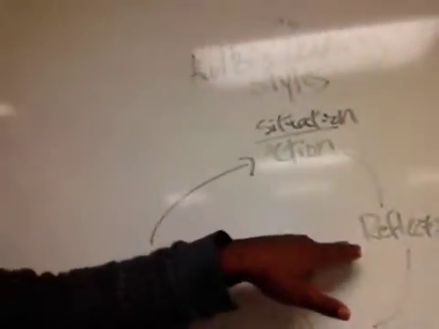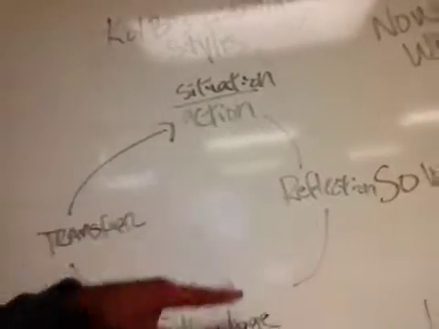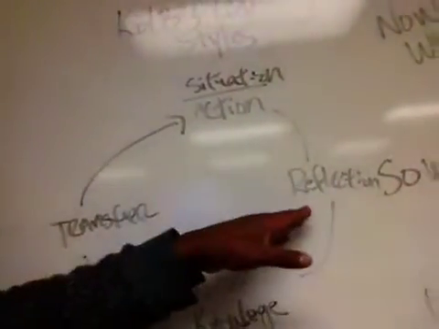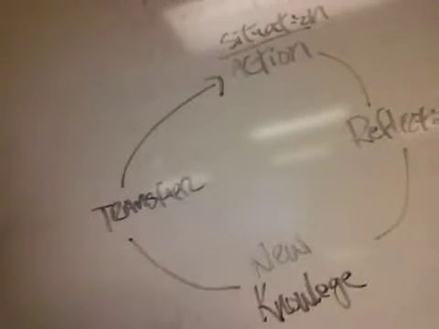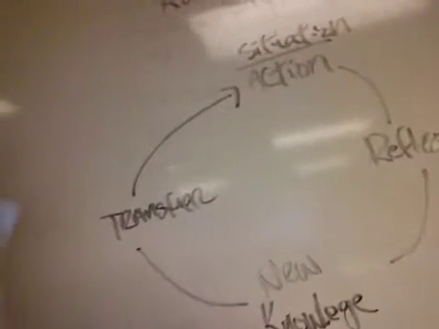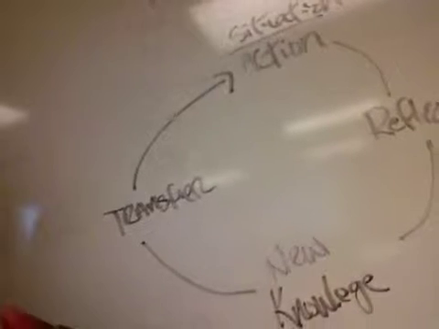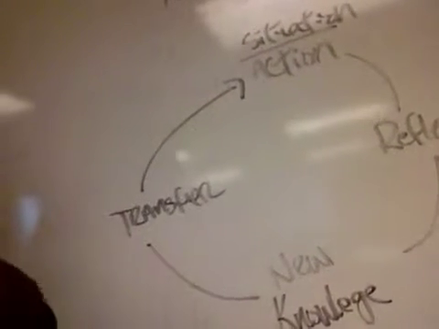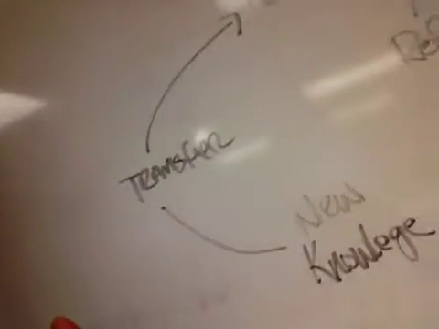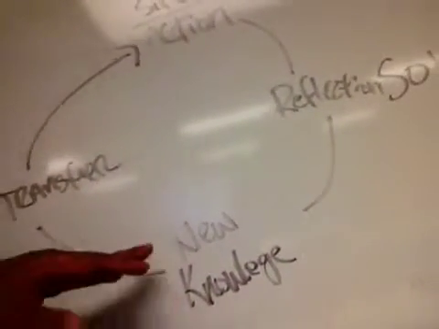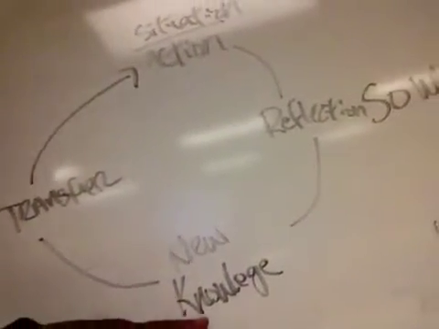So we start moving them through Bloom's taxonomy just by this process of reflection. And then once that reflection has happened, students then gain new knowledge or new information. And this new knowledge or new information allows the student to then have access to a world of choices that they may not have had before.